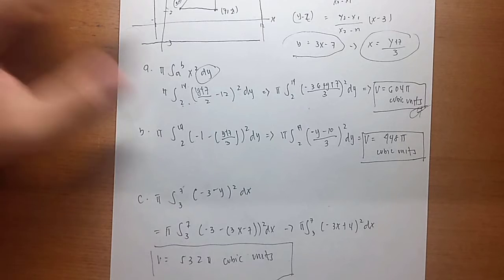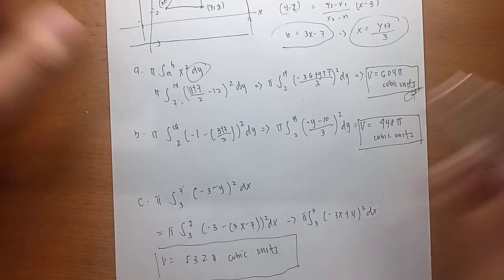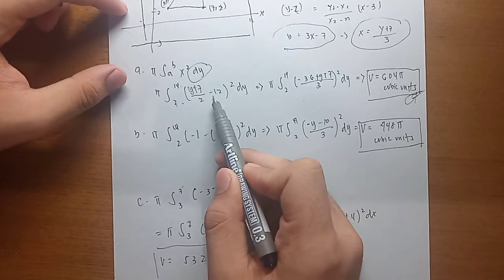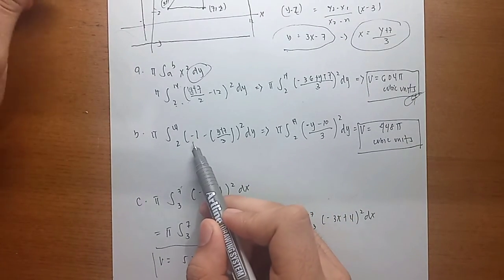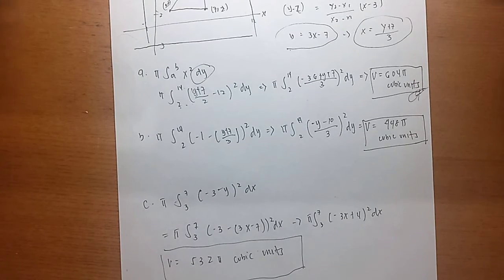So let's go to letter B, which is similar to letter A. It's just that the 12 is now -1. By simple application again, pi integral of -1 minus y plus 7 all over 3 squared dy from 2 to 14.